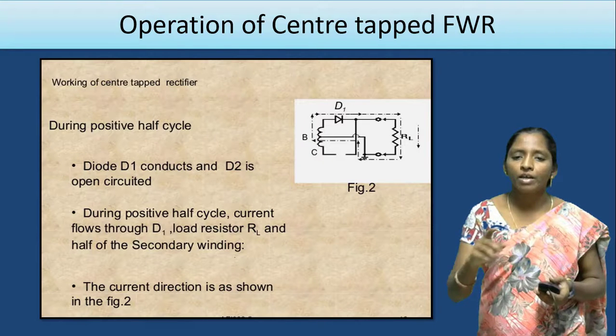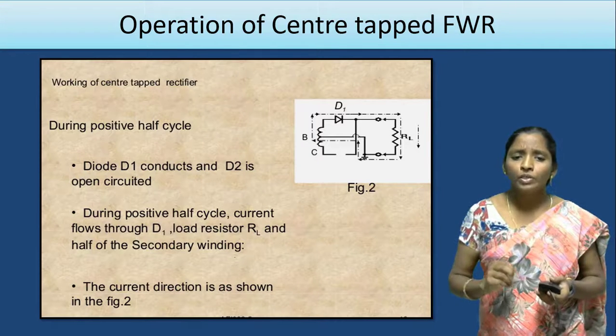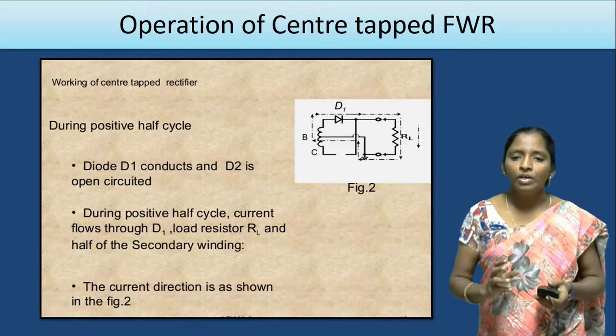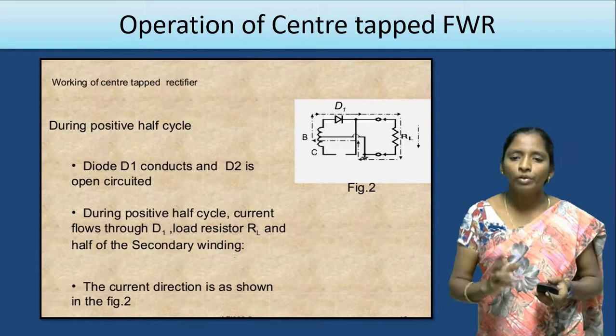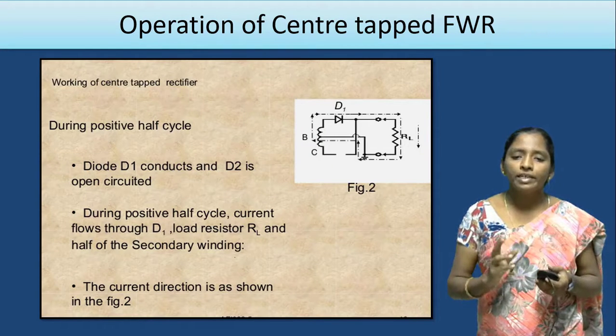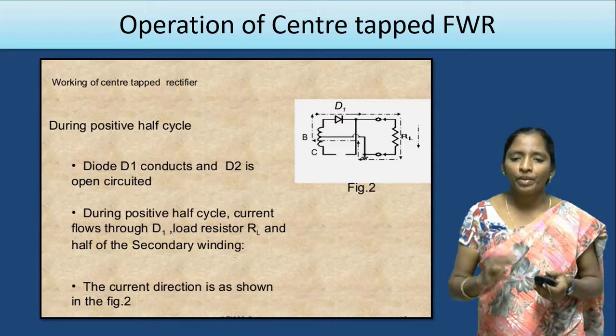This is the direction of the current flow. So current flows from D1 to the load resistor, from the load resistor to the secondary of the center tap transformer, the positive upper half of the center tap transformer.